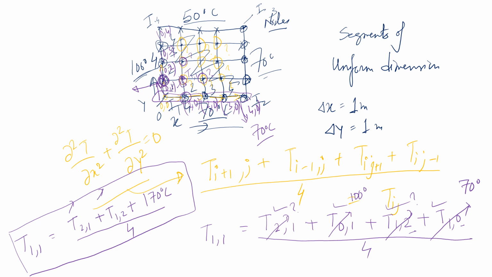Then let us move to the next one, this one. This point will be T21. So for T21, if you find out, here it is T11, because here also it will be i minus 1, so 2 minus 1 is 1, and j will remain as it is.